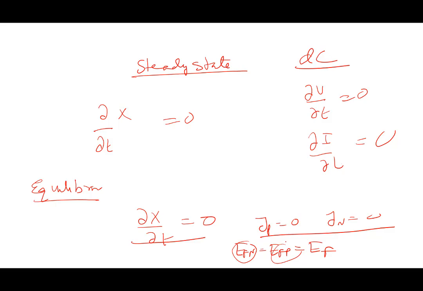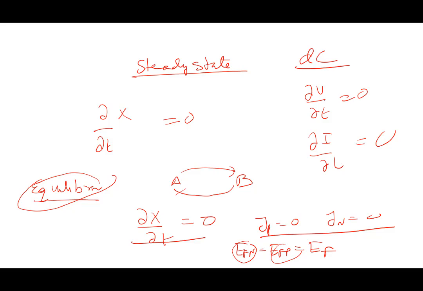And another interesting thing about equilibrium is that if there is a process which takes a system from A to B, it will be exactly balanced by another process which takes the system from B to A. Exact balancing will be there.